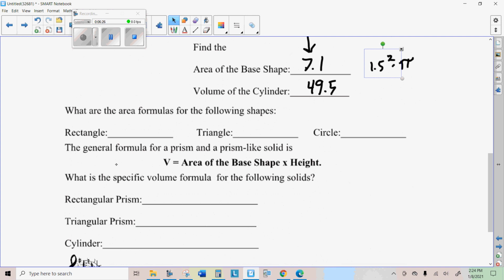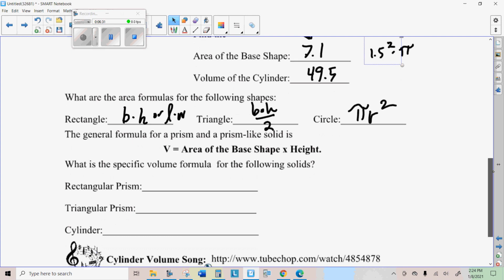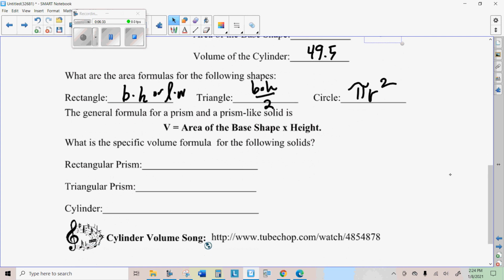So just a little review here. What are the areas for the following shapes? See if you can remember them. Okay, the general formula for a prism is the area of the base times the height. So we can make more specific formulas if you want. For a rectangular prism, the volume is equal to the base area, which is length times width.